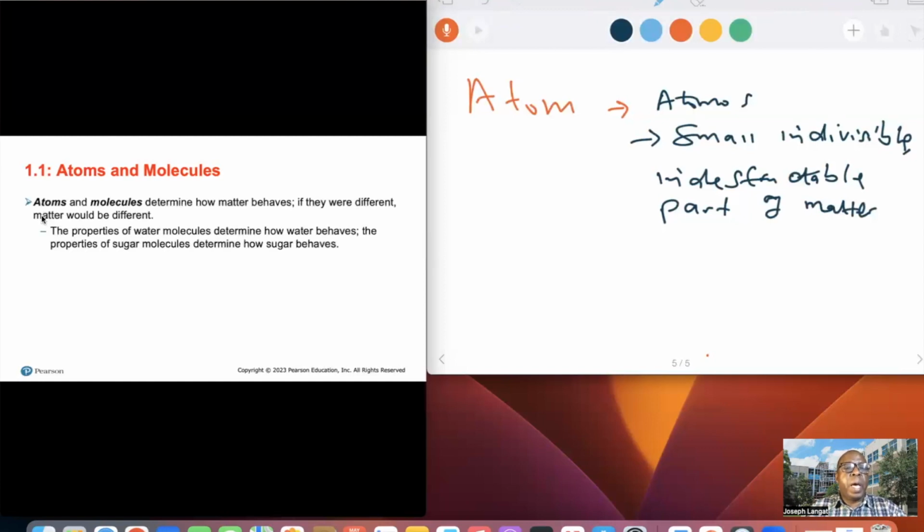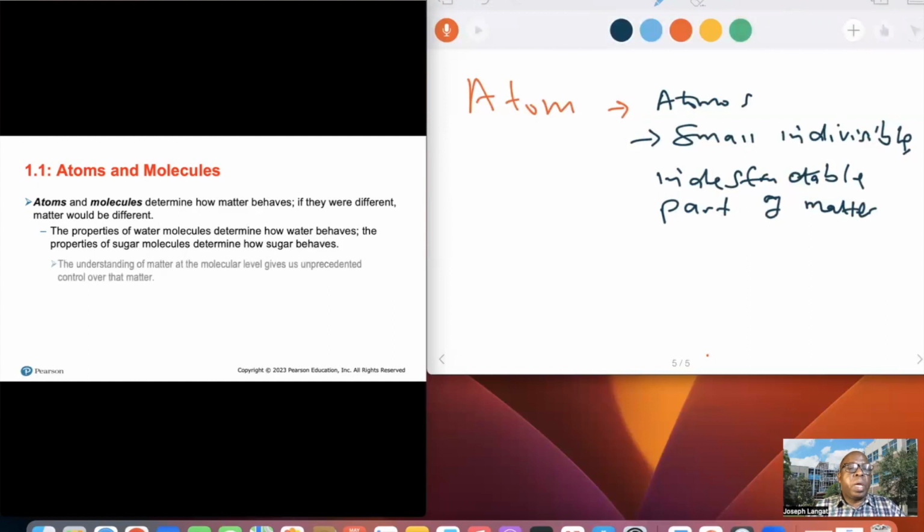The properties of, for example, a water molecule determine how water behaves. The properties of sugar molecules determine how sugar behaves, all right?